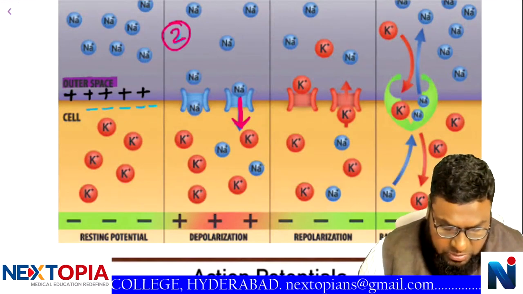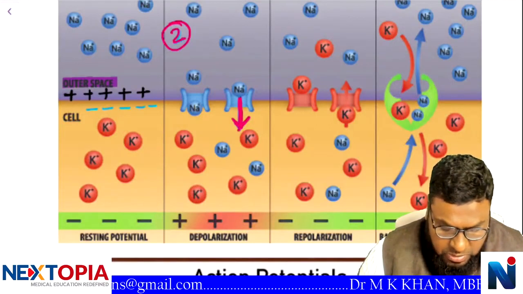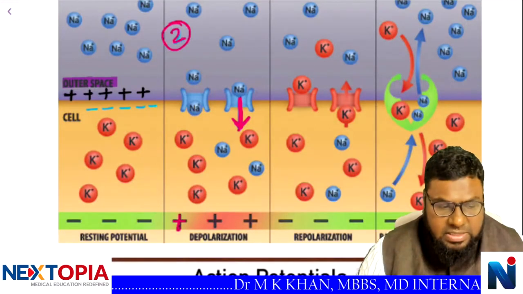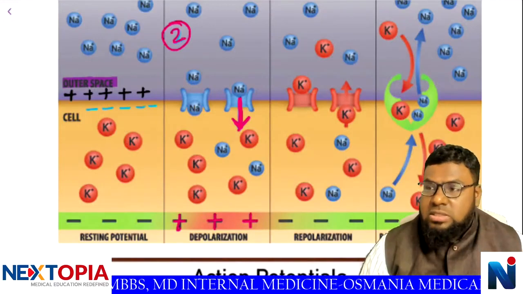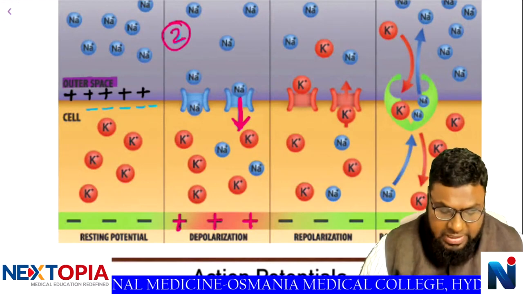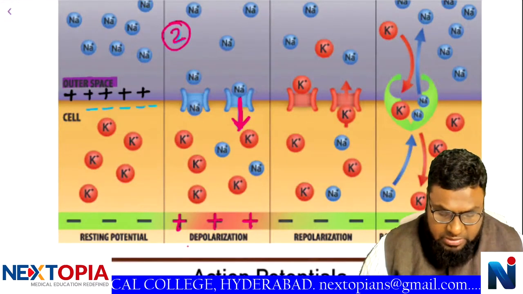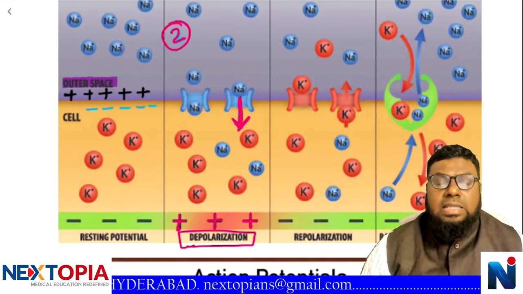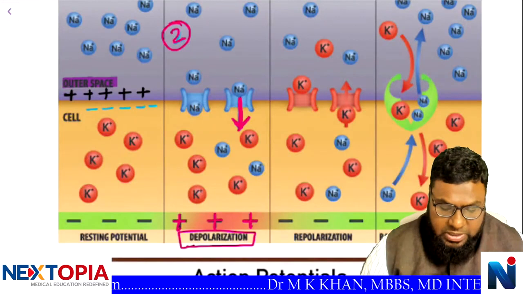The cell gains positive charge. Previously it was negative, now it has become positive. Previously it was polarized, now it has become depolarized. The voltage was destabilized here, so we call it depolarization. This property is called depolarization, the gain of charges inside the cell because of the opening up of channels.